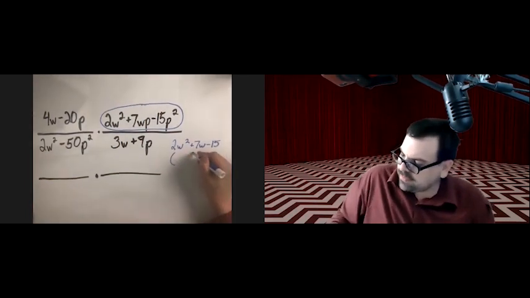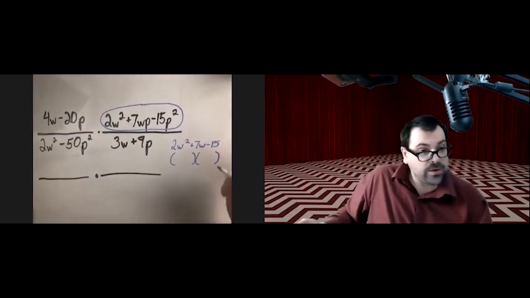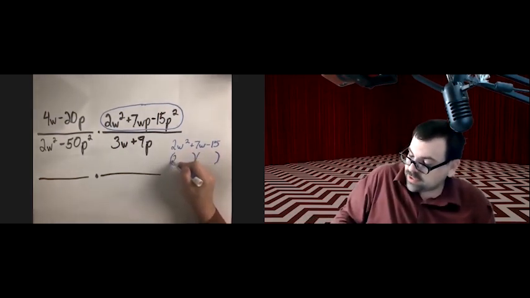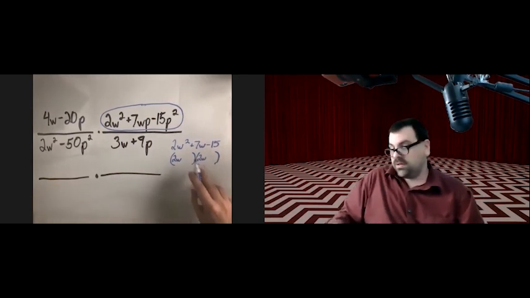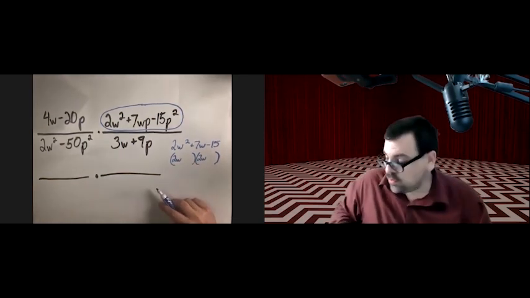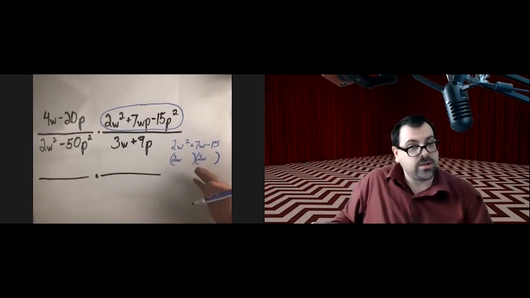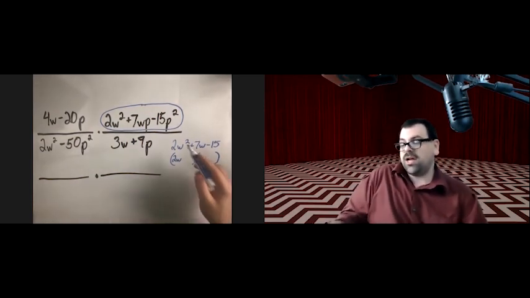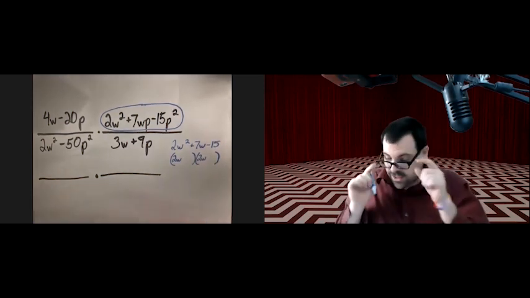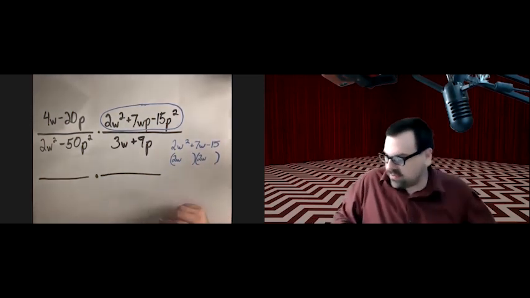I'm going to do the airplane method, which is going to require a corrective step because we're going to start with 2w and 2w, because we have that 2w squared. It's going to need a corrective step because, of course, 2w times 2w is not 2w squared. It's actually 4w squared. So at least one of these will divide at the end.